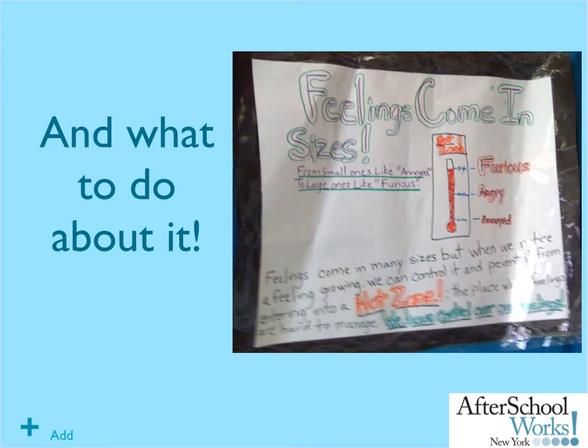So in this program they identified that the feelings come in sizes, and sometimes the kids are able to handle a sort of annoyed feeling, but they maybe need to have some help with an angry or a furious feeling. And so this helps them know what to do with stuff. And obviously, this one looks like it was probably at least partially developed by children as well. So they had a chance to be part of the learning visually and then have this visual reminder.